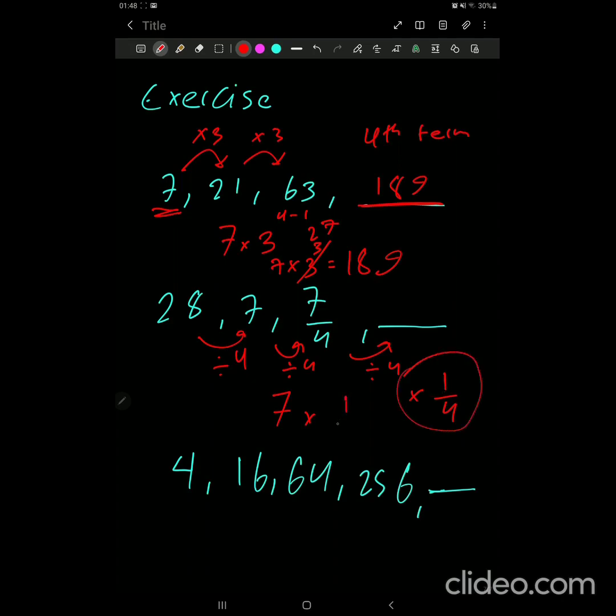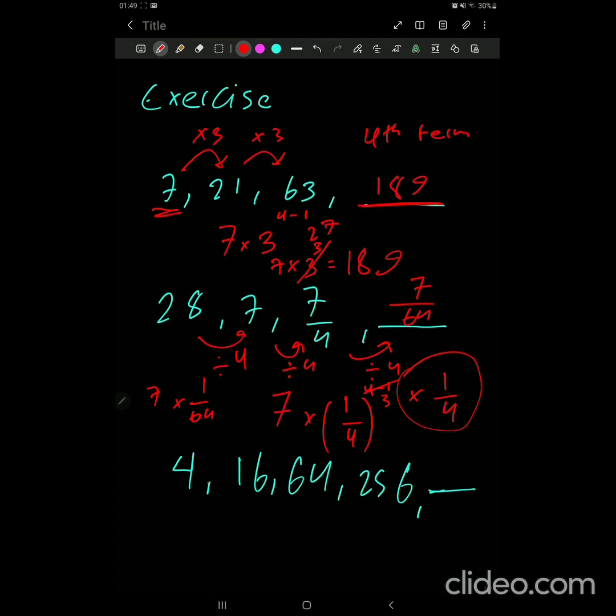So we will write times 1/4, to the power of, we want to find the fourth term, so 4 minus 1. So 1/4 to the power of 3 will be 1/64, times 7. So the answer will be 7/64. I don't think we can simplify it.